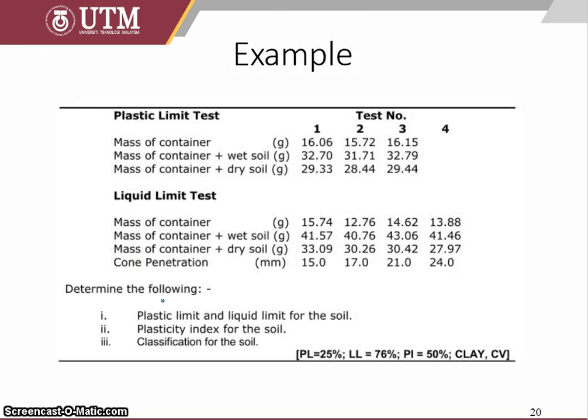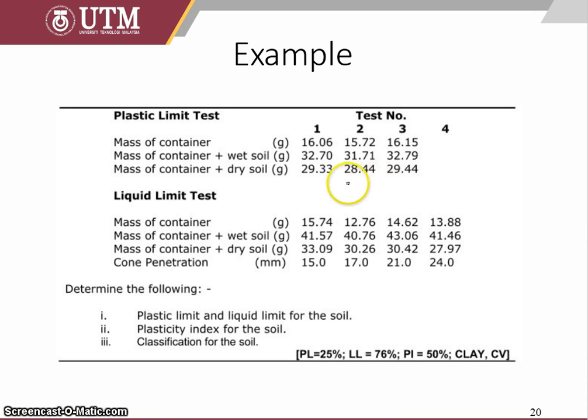So this is another example. You can try by yourself, and later we can have a discussion on this example. These are the results from the plastic limit. They take the wet soil and the dry soil after 24 hours in the oven, so we can calculate the moisture content. For the plastic limit, we just need to average the moisture content results.